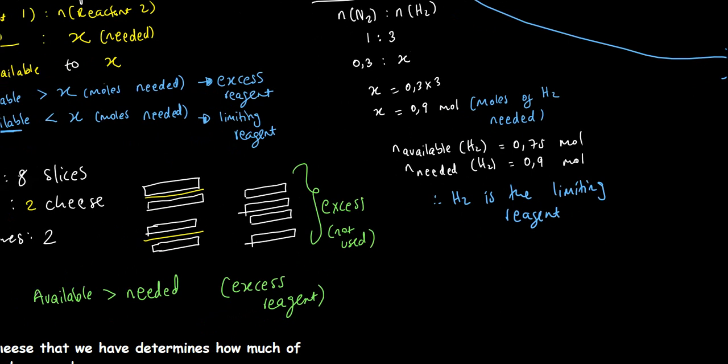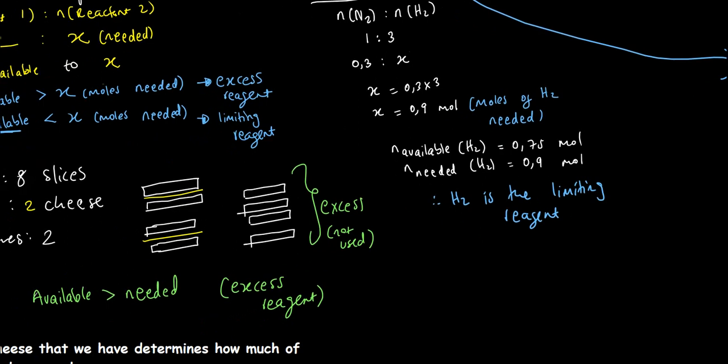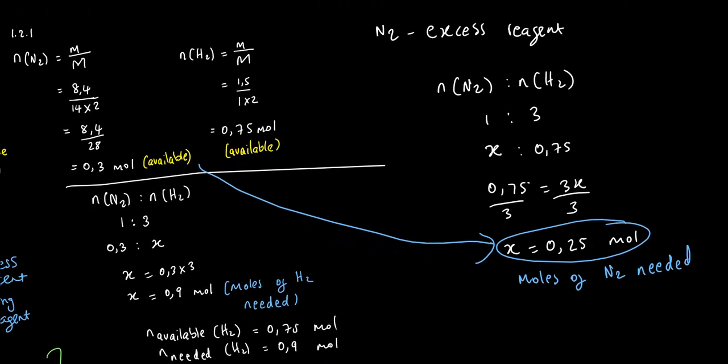You can actually calculate by saying the ones that are available minus the ones that are needed. So the ones that are in excess are going to be the ones that are available, 0.3 minus 0.25, which tells us that you're going to have 0.05 left, some of it, right?